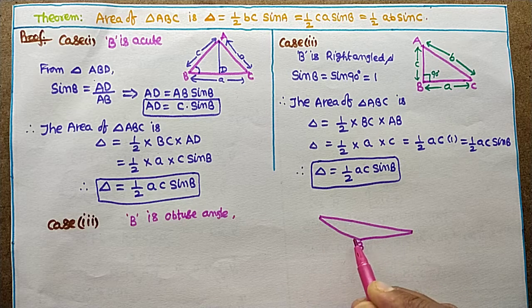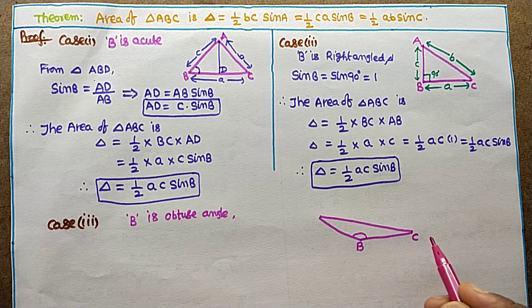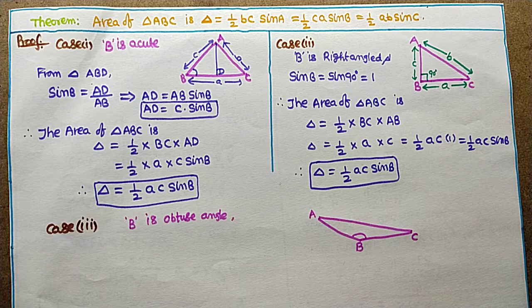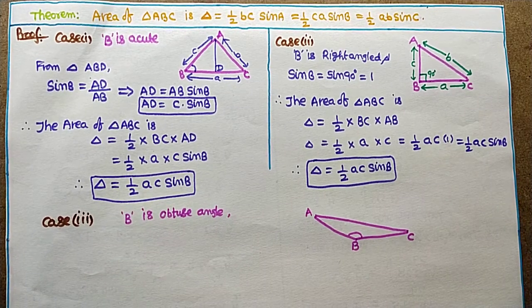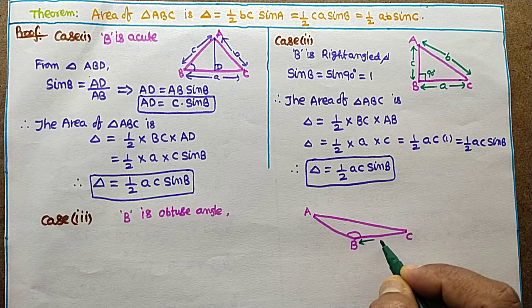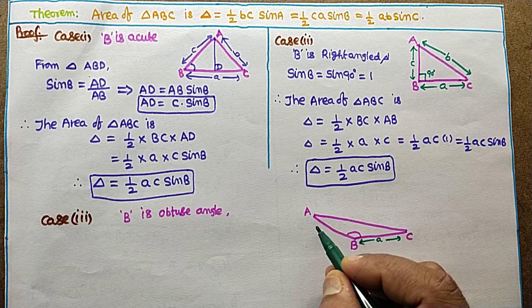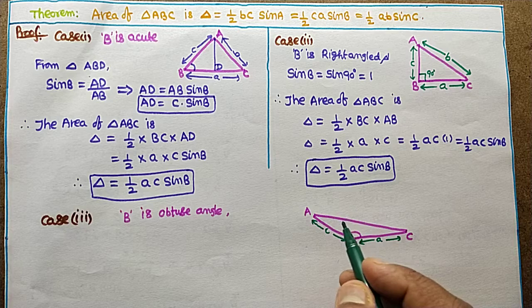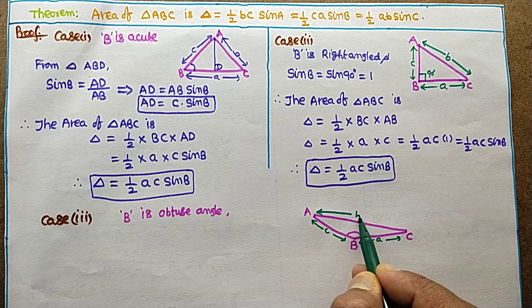Here the angle B, here C, here A. AC is small b.